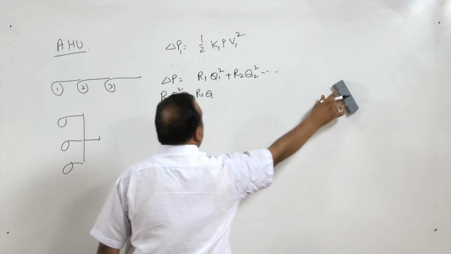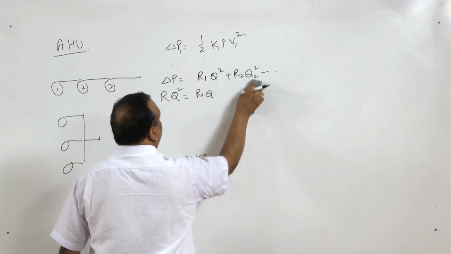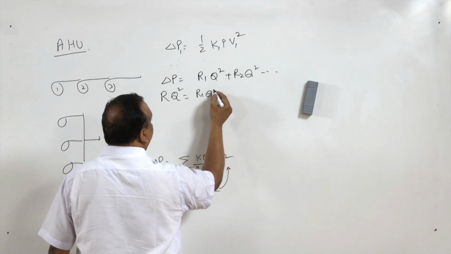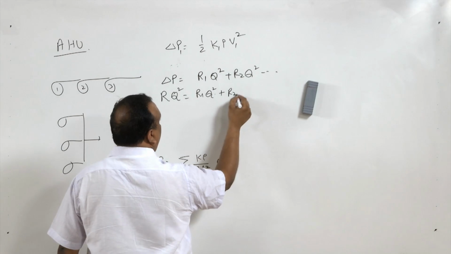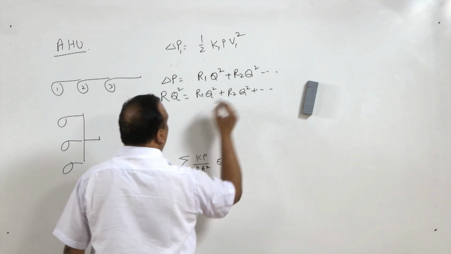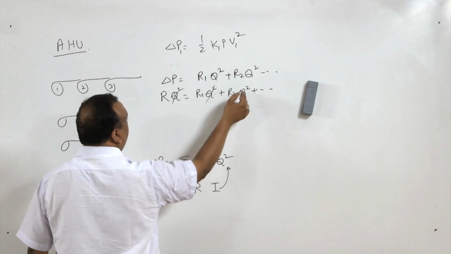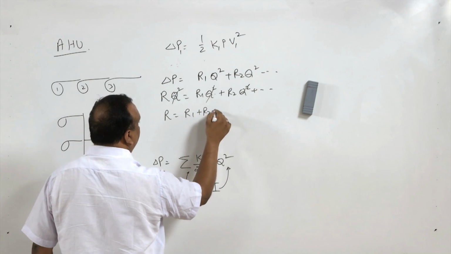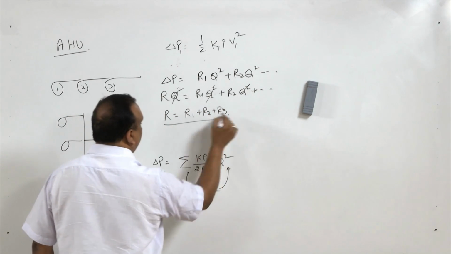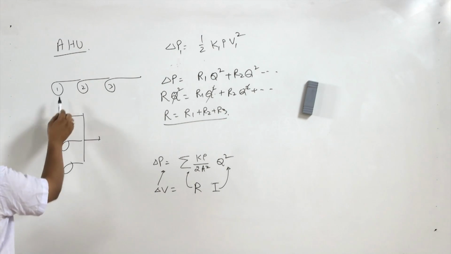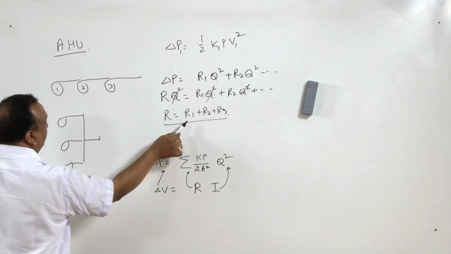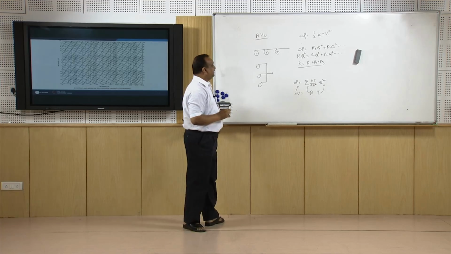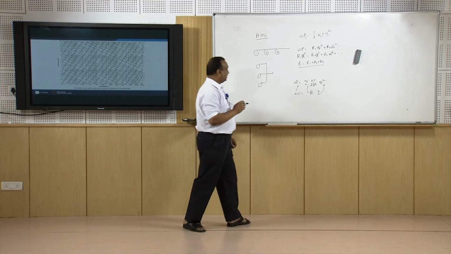Now it is not Q1, Q2, Q3, because they are connected in series; the volumetric discharge is the same. Now this Q square will be cancelled out and R is equal to R1 plus R2 plus R3. So if we have the values of R1, R2 and R3 connected in series, the total R will be the algebraic sum of these values of R.